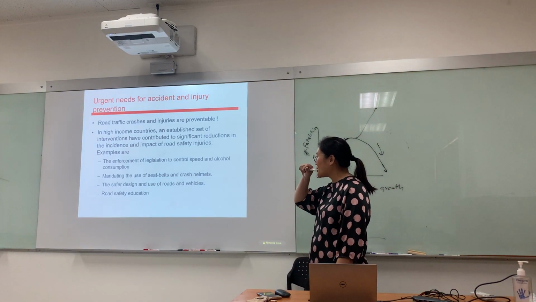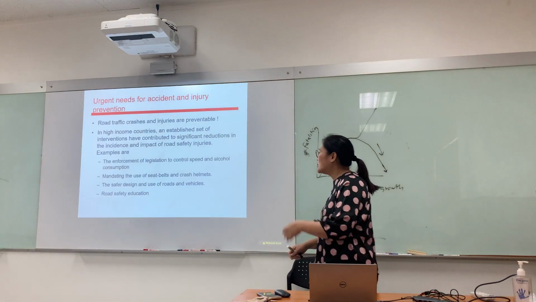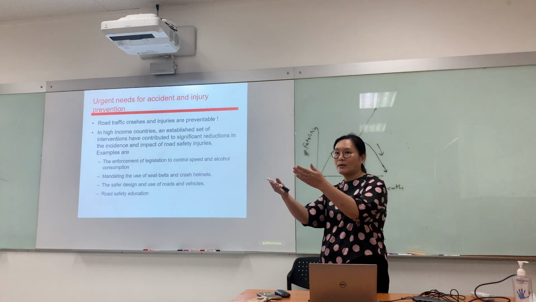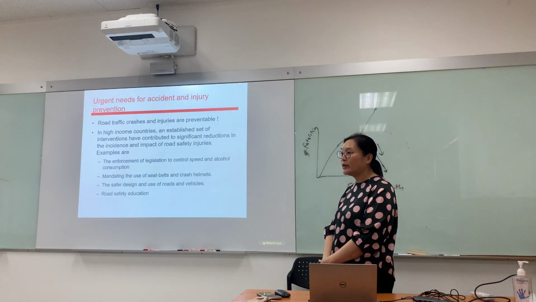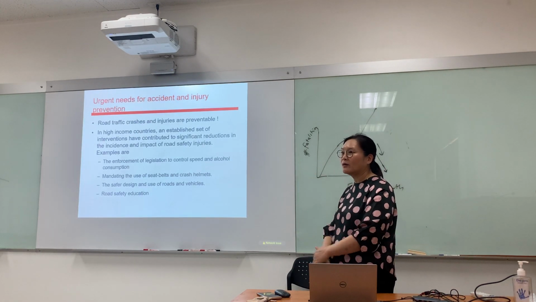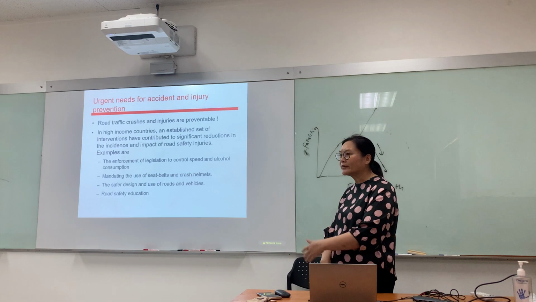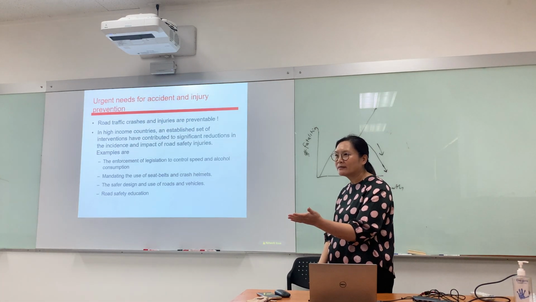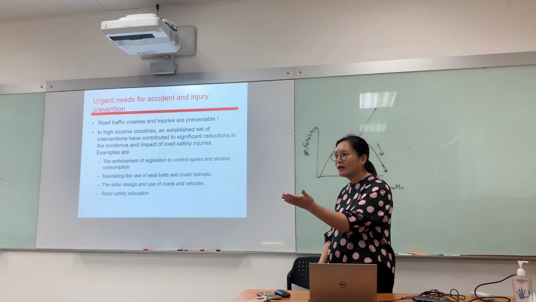Safer design and use of roads and vehicles. Looking at the roads in Japan, roads in China, vehicles. They have safe vehicles. Do they have the song thaew in Japan? You don't know song thaew? Song thaew is in front of AIT.